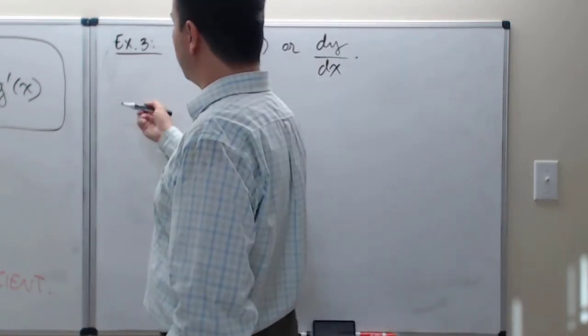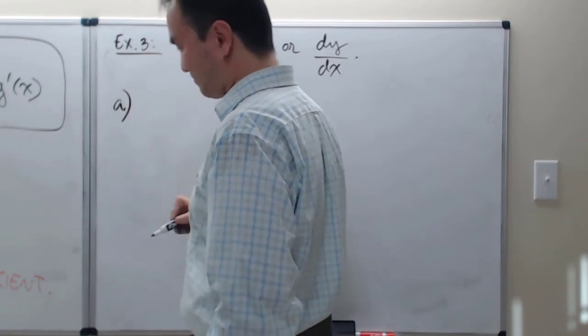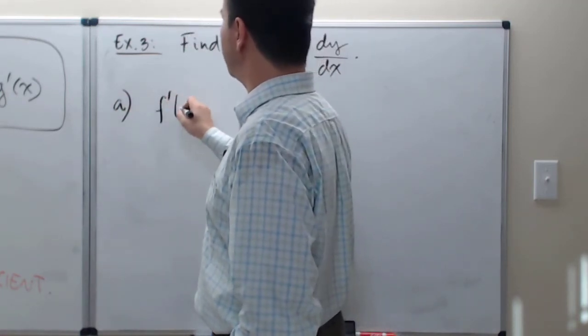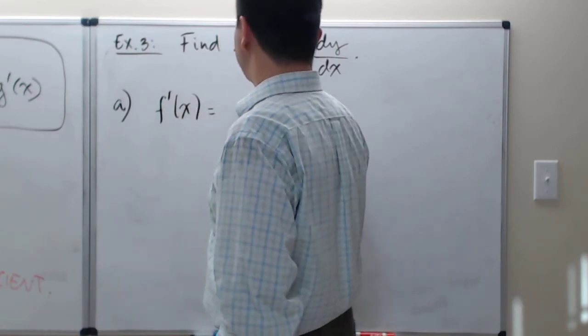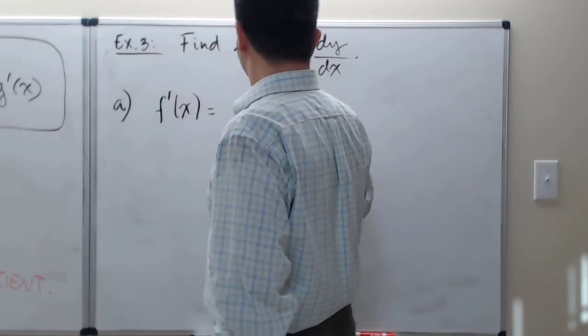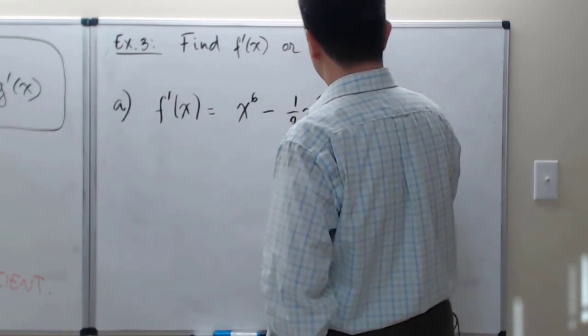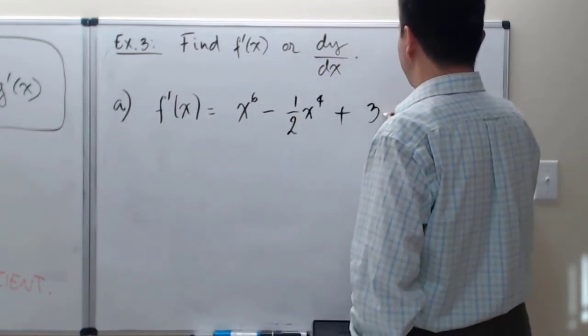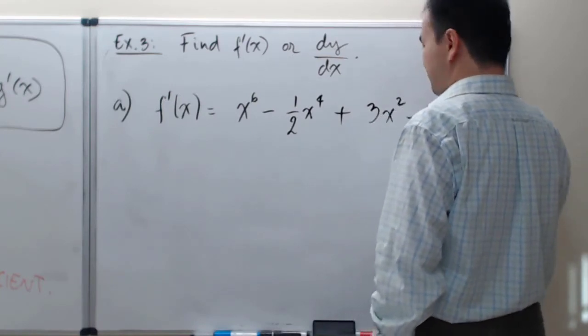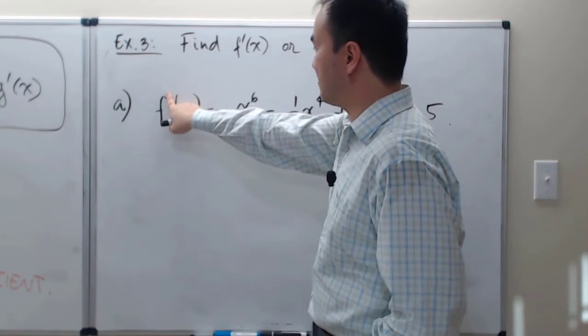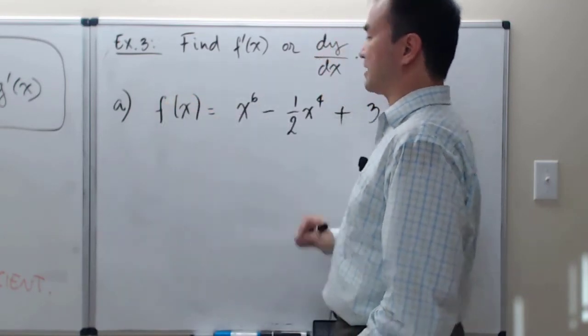All right, question A. Your function f of x here is x to the 6 minus 1/2 x to the 4th plus 3x squared minus 5. I apologize for writing the prime here. There shouldn't be that prime, it's just f of x.